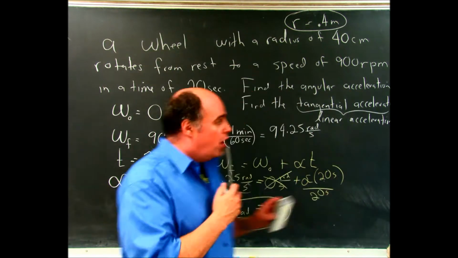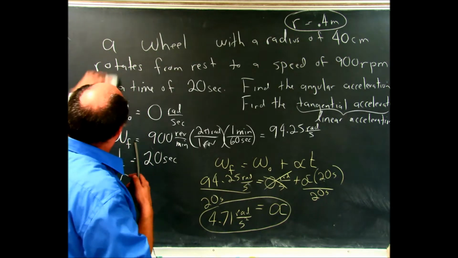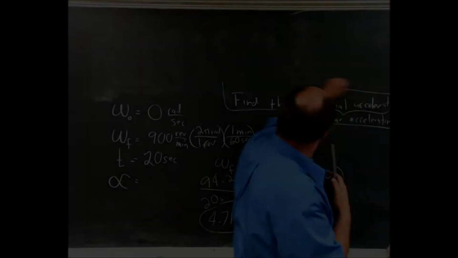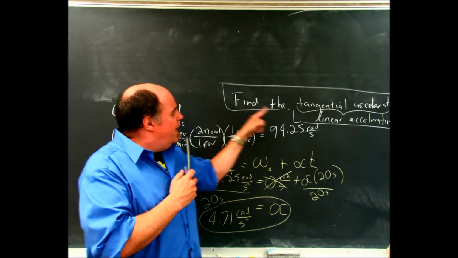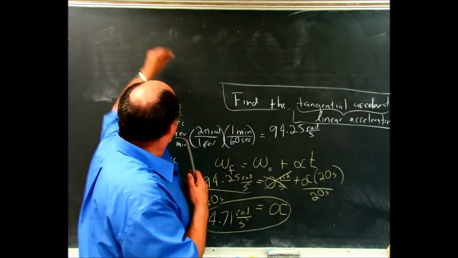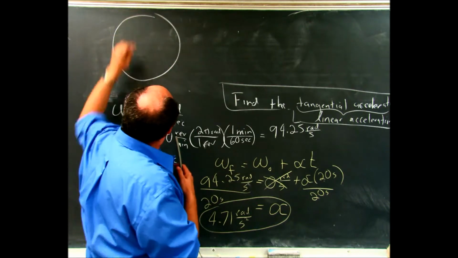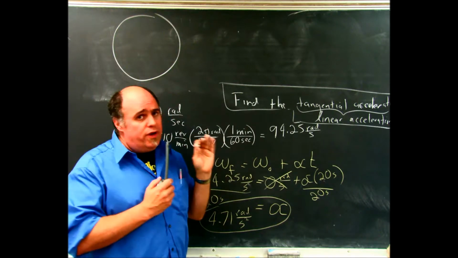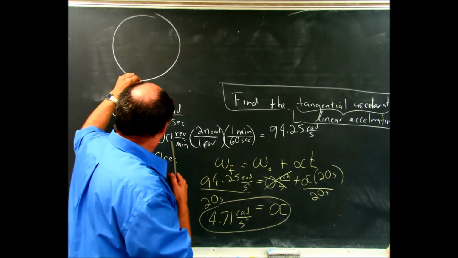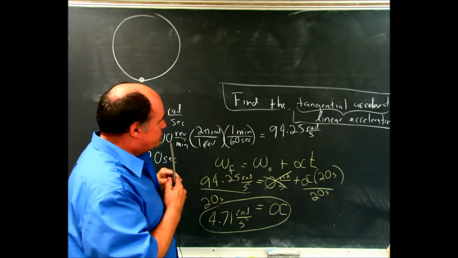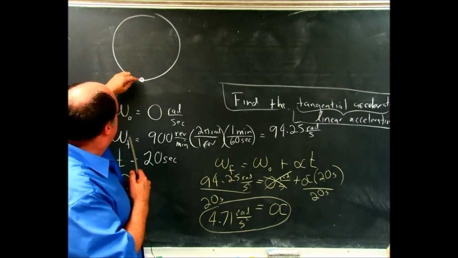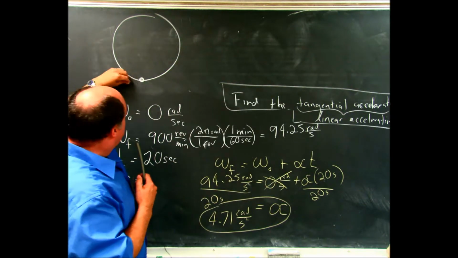So if I can erase the top piece here for a moment and just show you. The question they asked us is find the tangential acceleration. So what that means is, if we had a circle, and we look at any point on the circle, and somebody starts this thing up, the circle would be spinning this way.